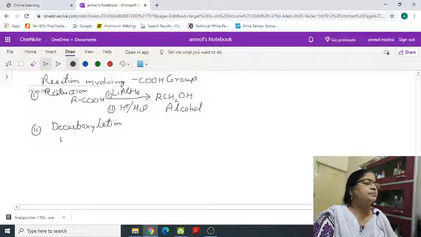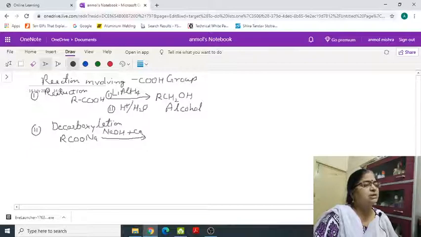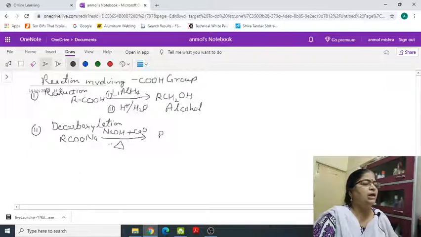When sodium carboxylate is heated in the presence of soda lime, NaOH plus CaO, it forms alkane.